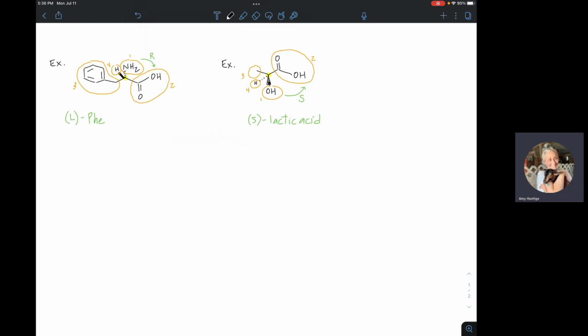So for isomers with greater than 1 chiral carbon, or more than 1 stereocenter or asymmetric carbon, whatever, we can say that the maximum number of stereoisomers, and the word max is kind of important.